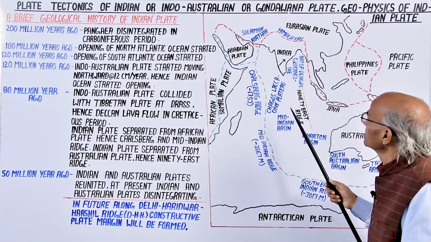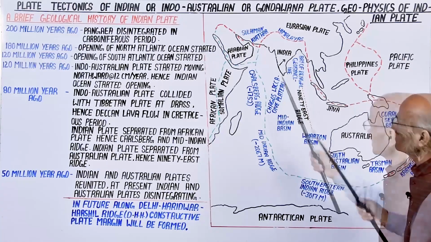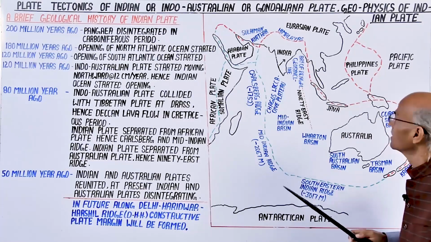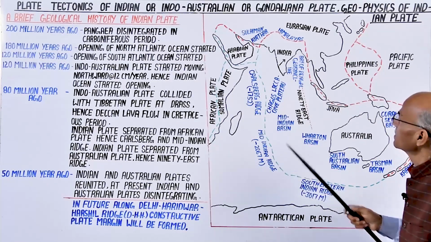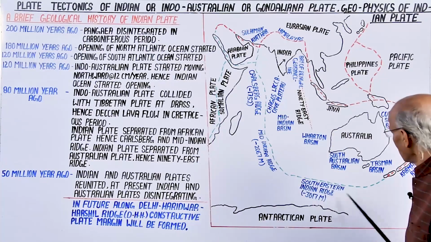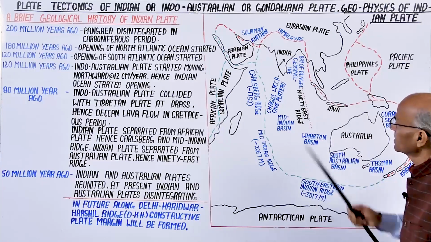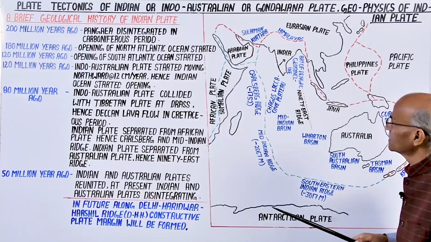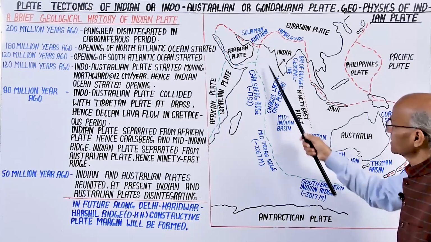There may be a separate question whether this Indian plate is continental or oceanic. For its answer, you first see the boundary of the Indian plate or Indo-Australian plate. Within this boundary, there is a large tract of water body here.